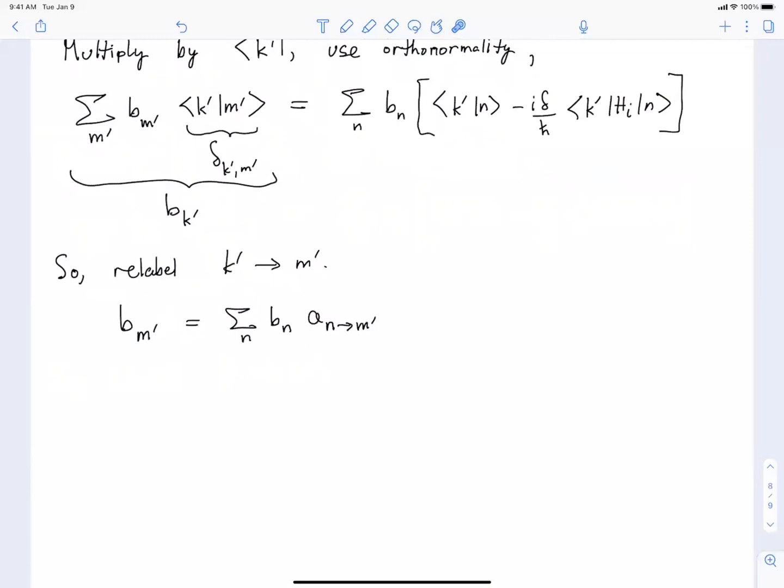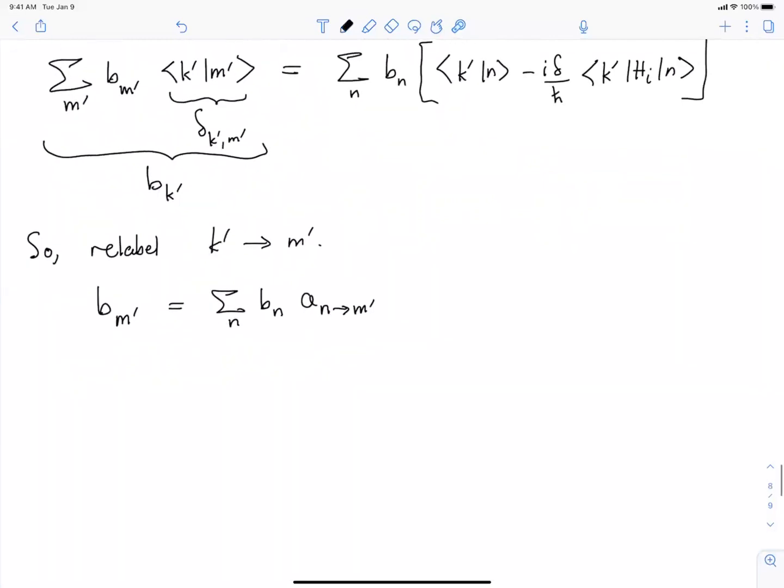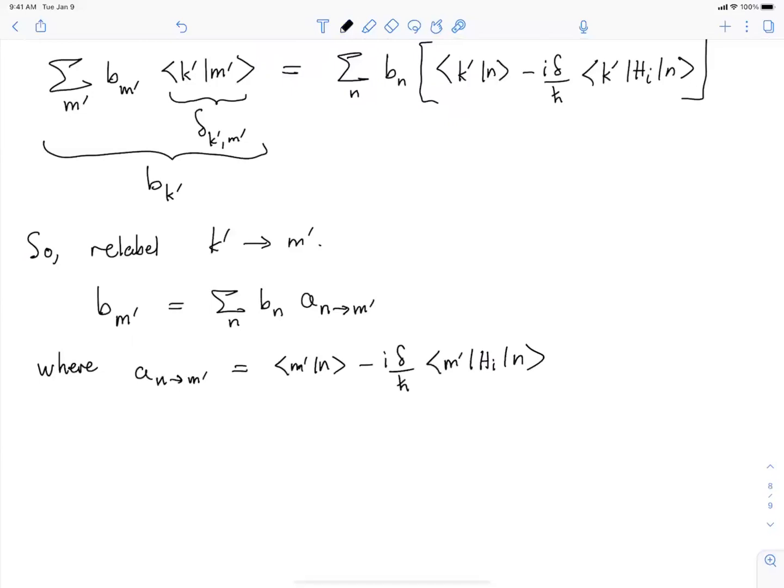Where I've defined a of n goes to m prime to be m prime n, that matrix element, minus i delta over h bar, m prime, my complicated Hamiltonian in the middle, times n.